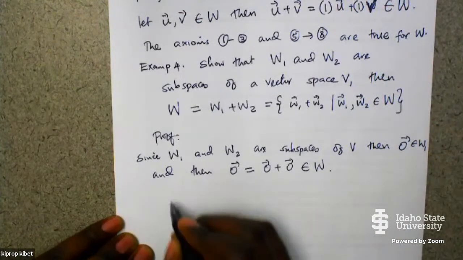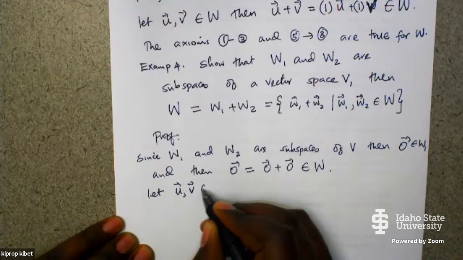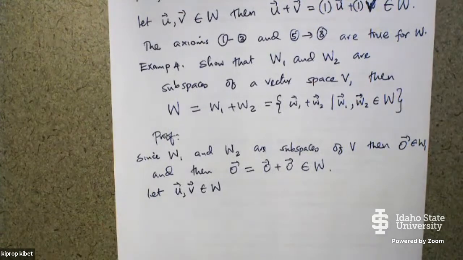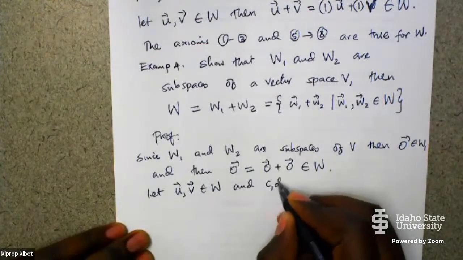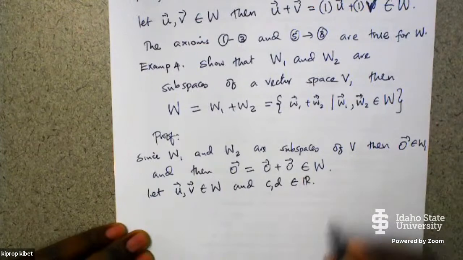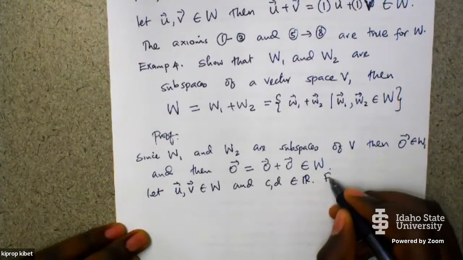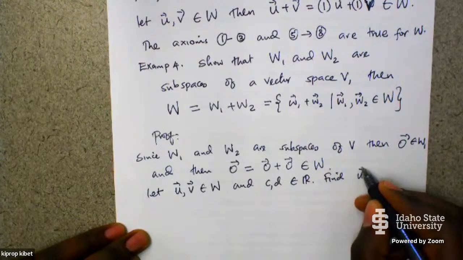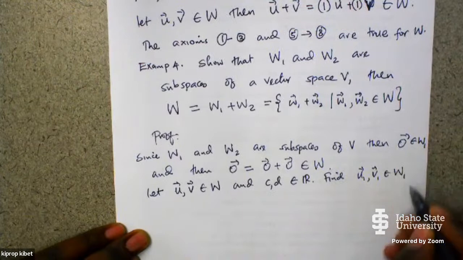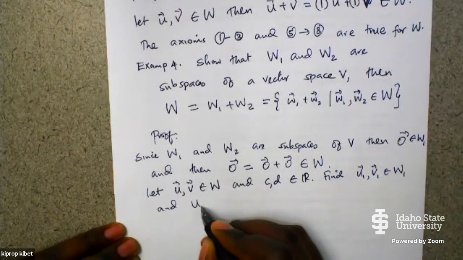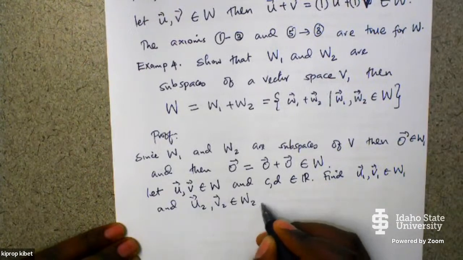Now, if we let u and v be in W, and c and d be elements of the real numbers, then we find that u1 and v1 are elements of W1 and u2 and v2 are elements of W2.